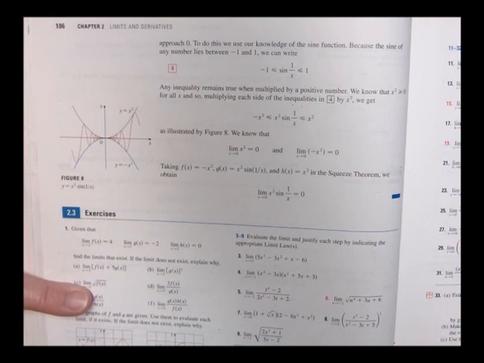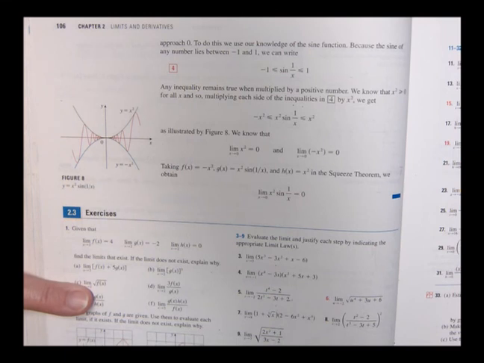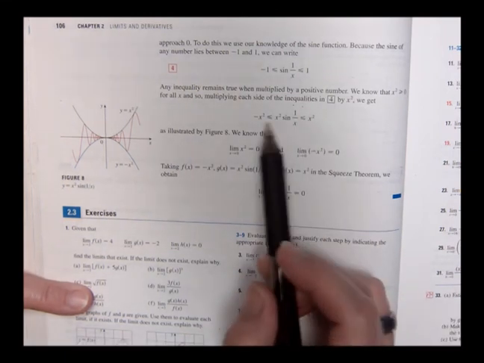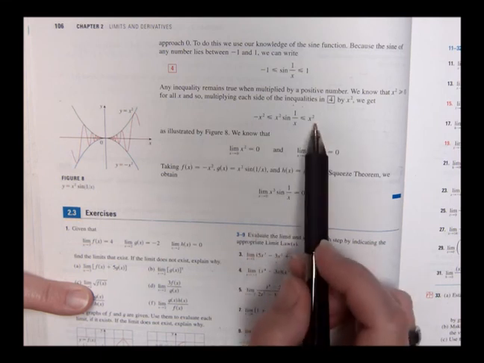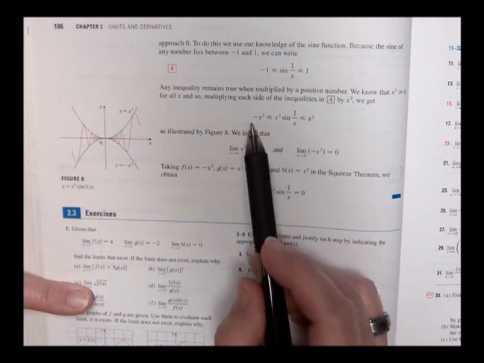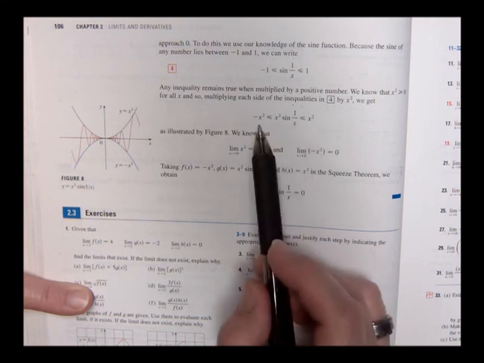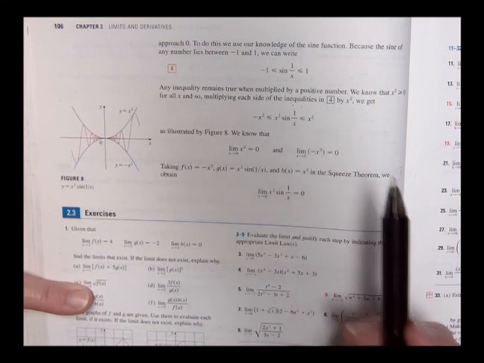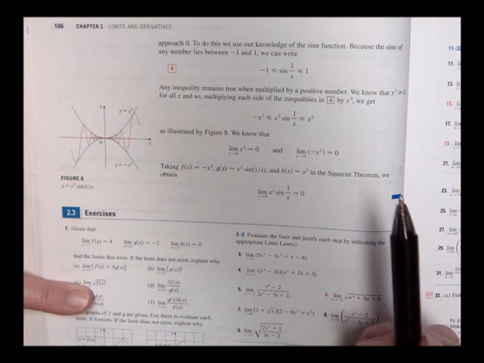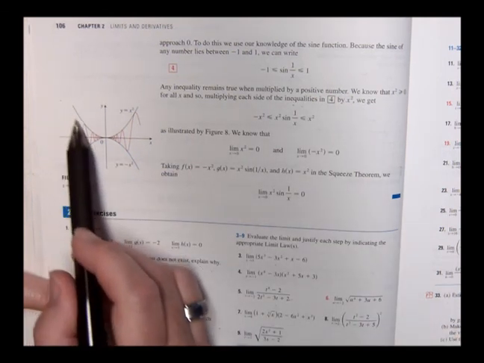So we know that x squared is greater than or equal to 0 for all x, and multiplying each side of the inequality, we get negative x squared on this side and x squared on this side, on each side of x squared sine 1 over x. Here's the crazy graph.